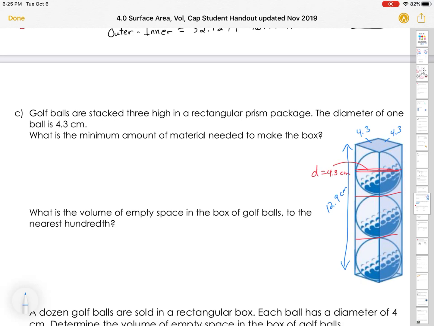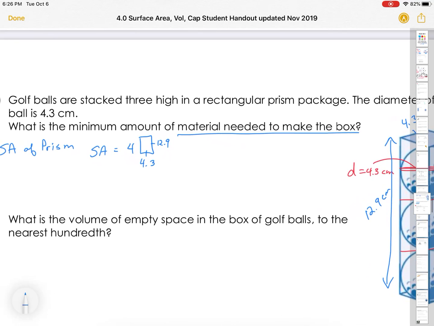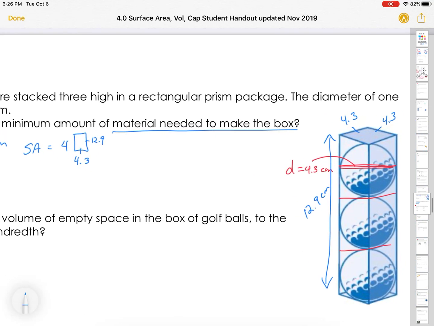So it says, what is the minimum amount of material needed to make the box? So if we're talking about the box, the material to make the box, we want the surface area of the prism. Okay, so our surface area, well, I have 4 rectangular sides that are 12.9 by 4.3.